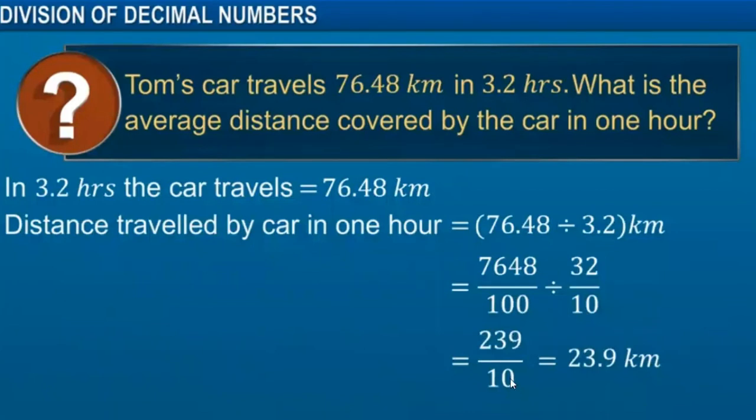Okay, now again it is a fraction. We can convert this to a decimal just by seeing that it is divided by 10. 10 has 1 zero. So the final answer will be 23.9.